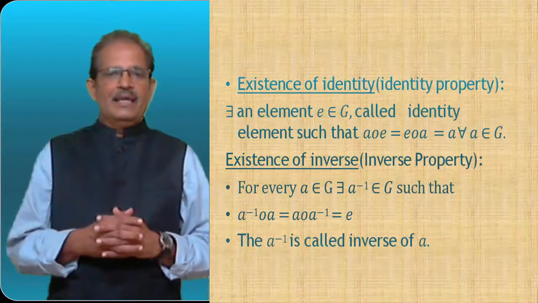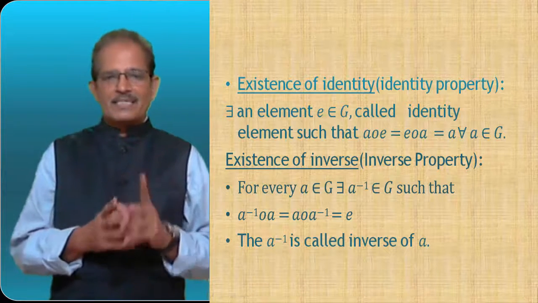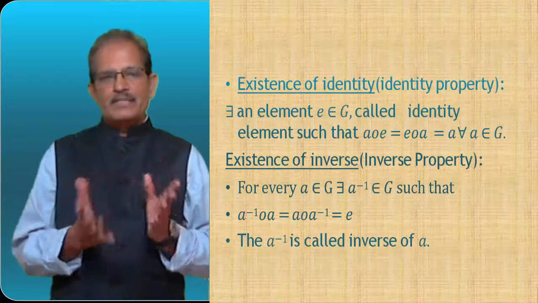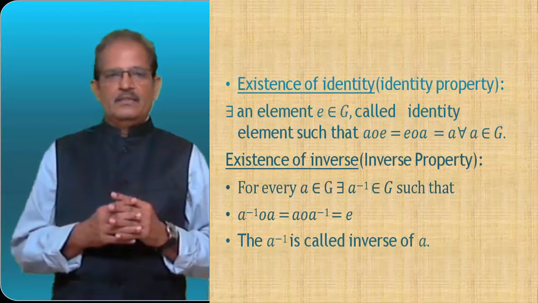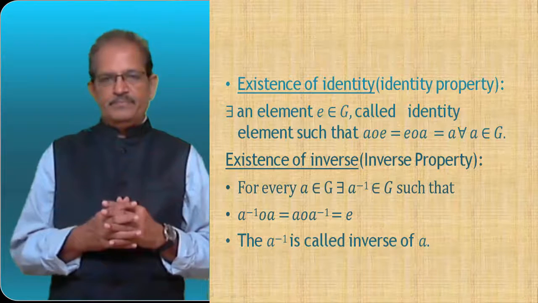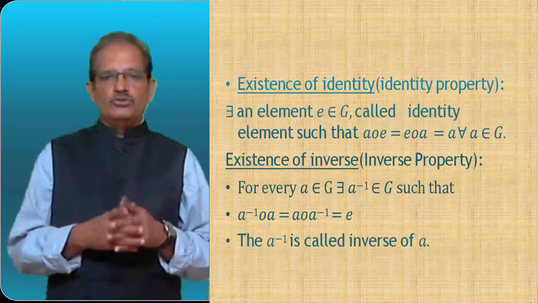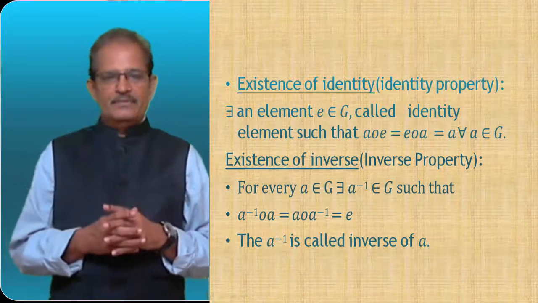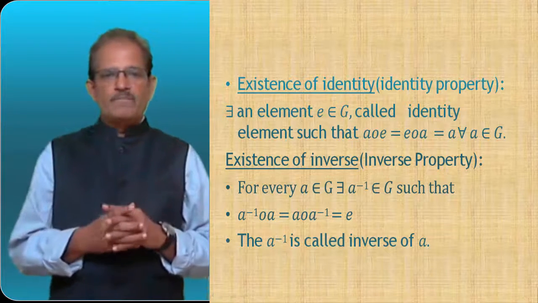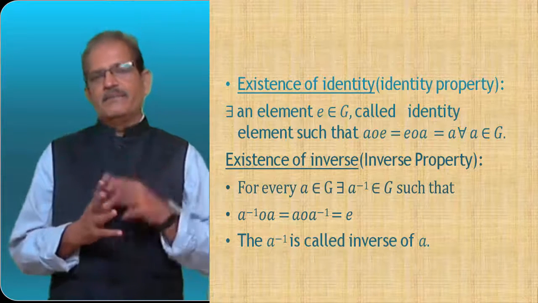Then existence of inverse. If inverse exists, inverse property is satisfied. For every element a belong to G, there exists an element a inverse belong to G such that a inverse o a is equal to a o a inverse, which must be e.